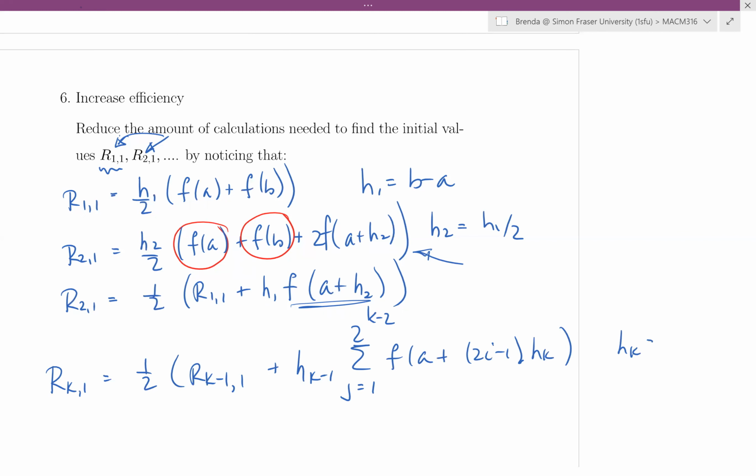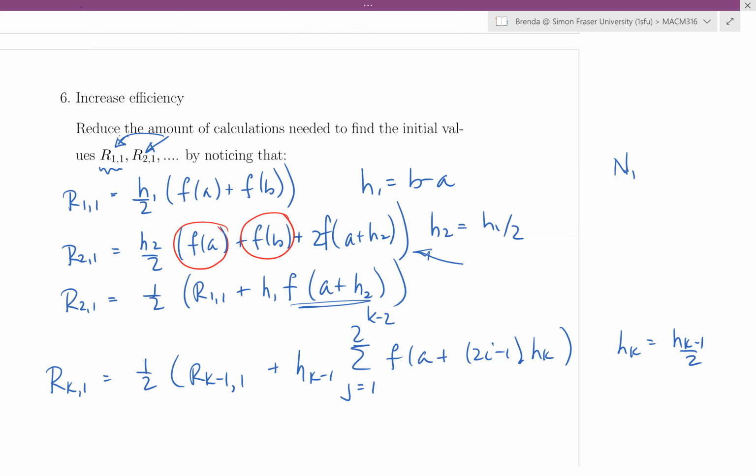Where HK is halving the size of the interval and doubling the number of intervals. So now we've got all of what we were previously calling R1 before, and we're calculating it efficiently.